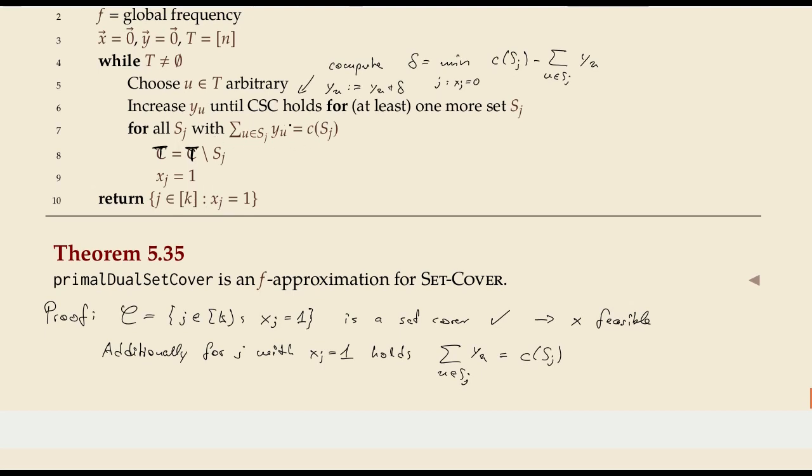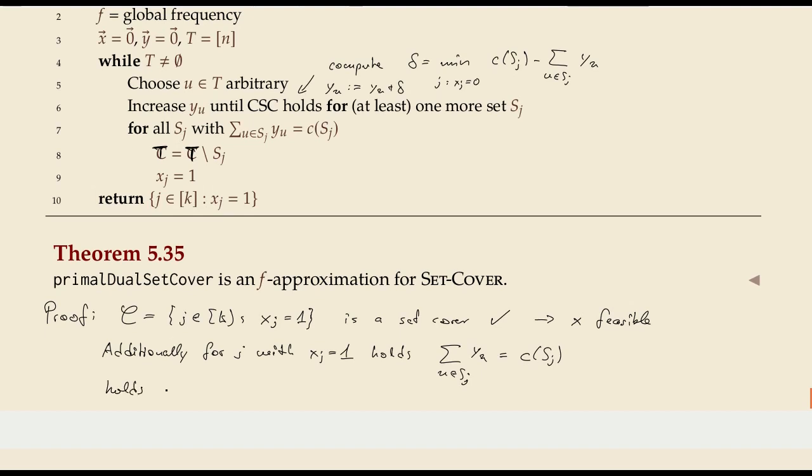It's clear at this point in time, and notice that we only increase values. But we never decrease them. And in fact, once we have selected a set that contains a certain element u, this element is removed from T, so we will never touch any of the values yu for a set that's covered.